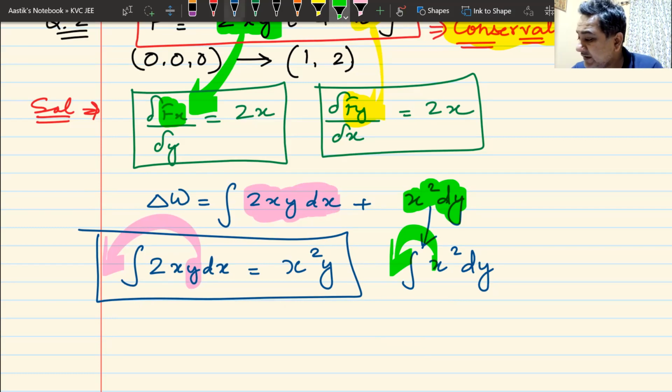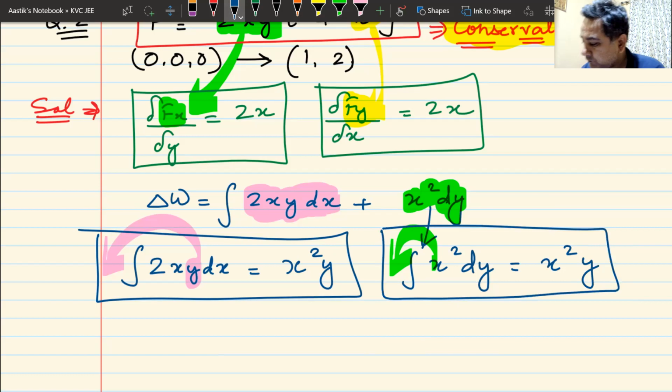So my answer in this case also becomes x square y. Do we understand what I have done here? Yes or no?